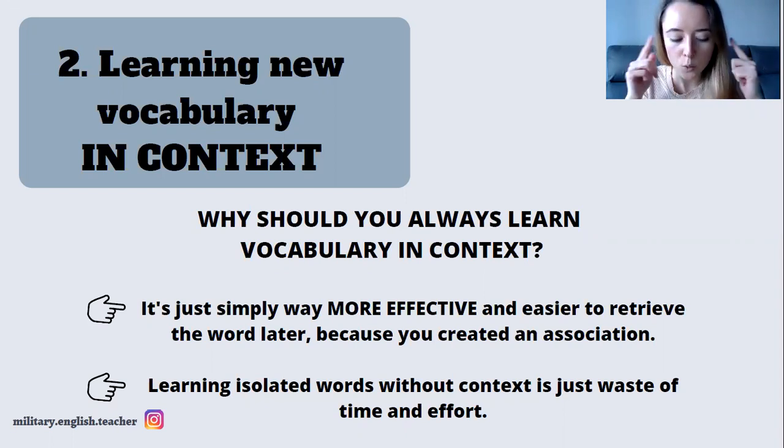This will make the association stronger. And that's what we want because it's more likely that you will remember this kind of words. Plus, learning isolated words with no context simply doesn't make any sense. It doesn't do you any favor. It's pointless.